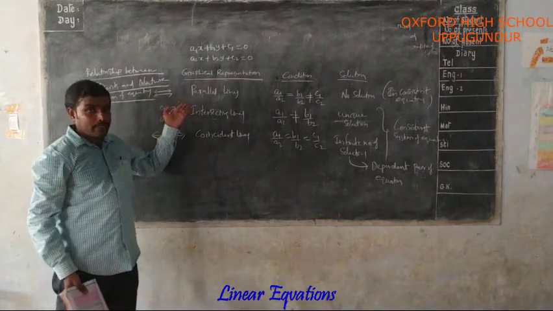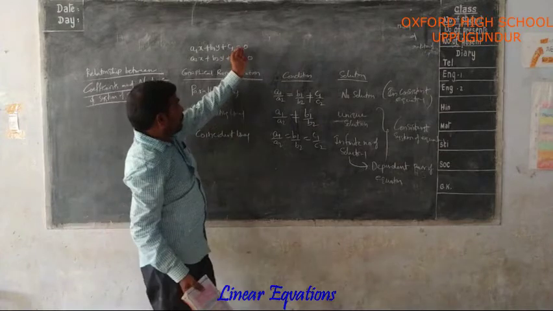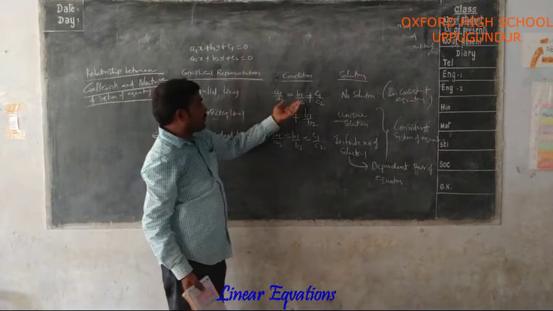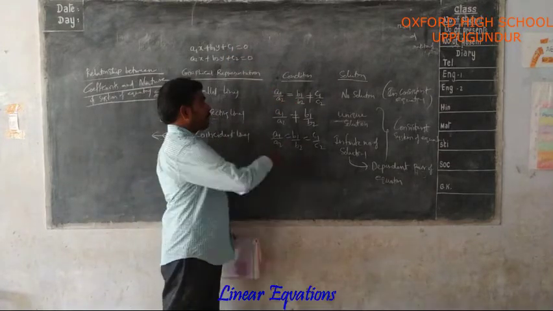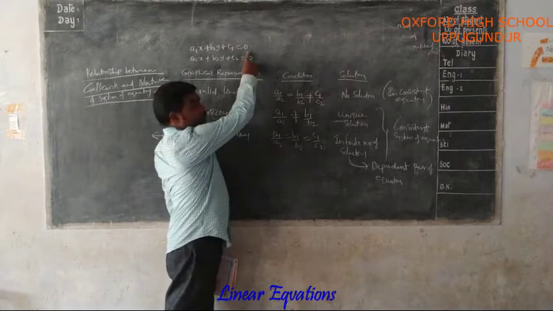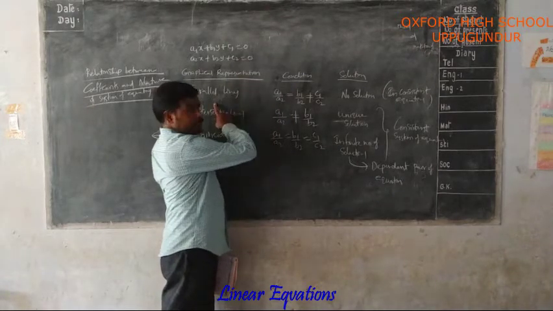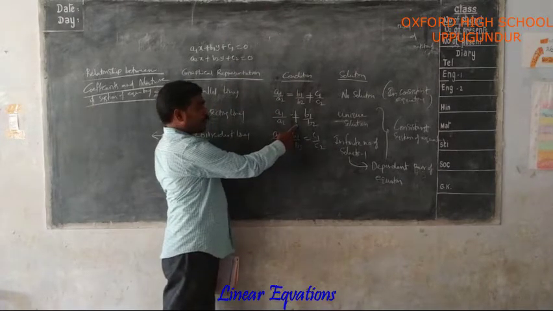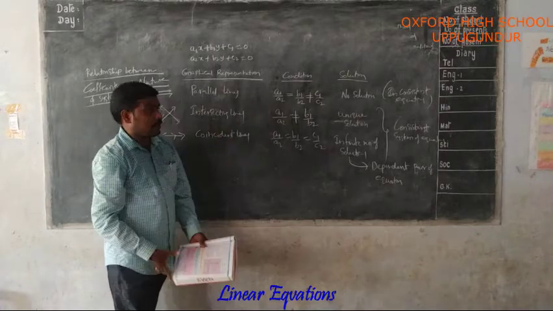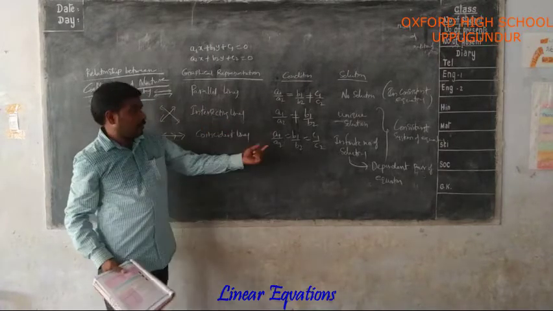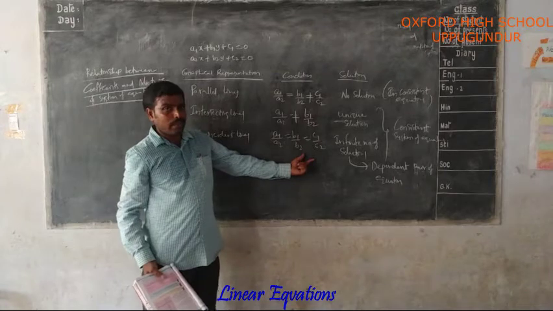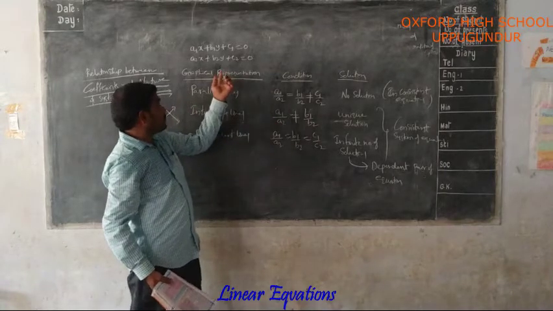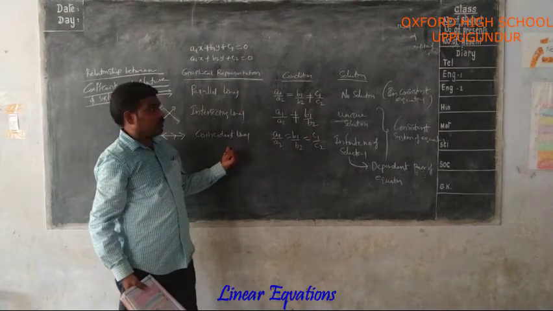So without graphical representation, by comparing these ratios we can say the pair of equations represents parallel lines. By comparing this ratio we can say the pair of equations represents intersecting lines. By comparing this ratio we can say the pair of equations represents coincident lines.